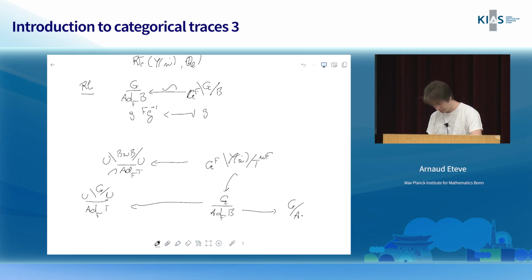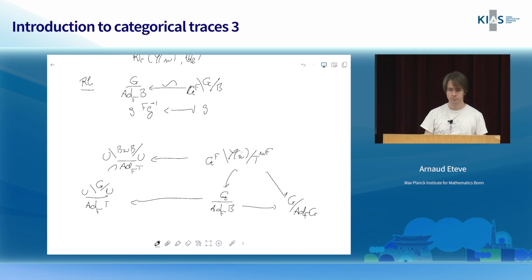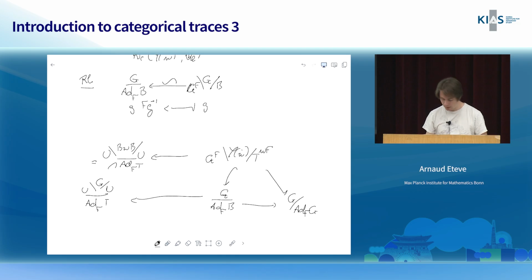Mapping to G divided by ad of G. And here, this is identified with G fixed by Frobenius of G. And so this map is just induced by pushing this Y of ẇ to the point.